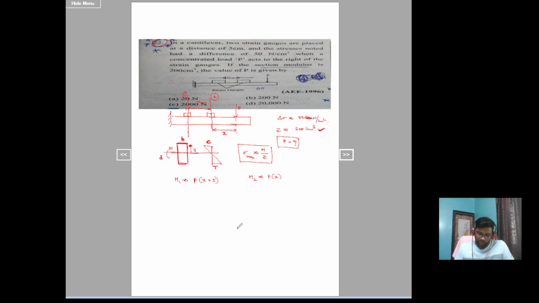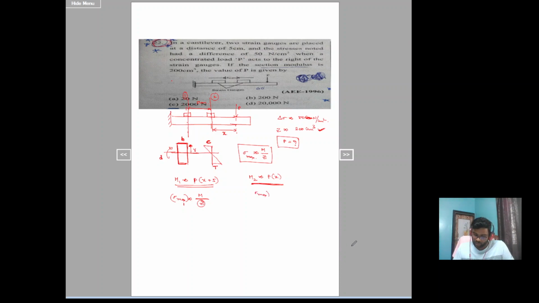Out of these two, which will have more bending stress? As M1 is more, that is, at section 1 the bending moment is more, the stress will also be more, that is M by Z. Z is constant throughout the length. Section modulus is constant throughout the length. So at section 1 you will have maximum bending stress when compared to section 2. Why? The bending moment at point 1 is more.